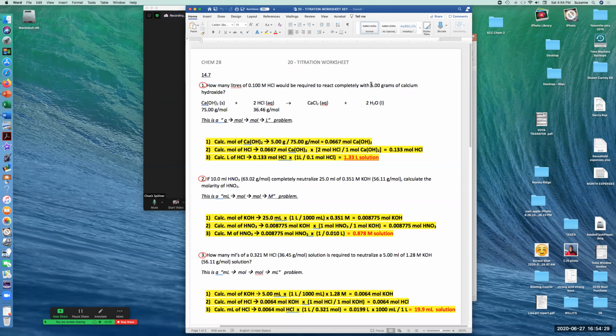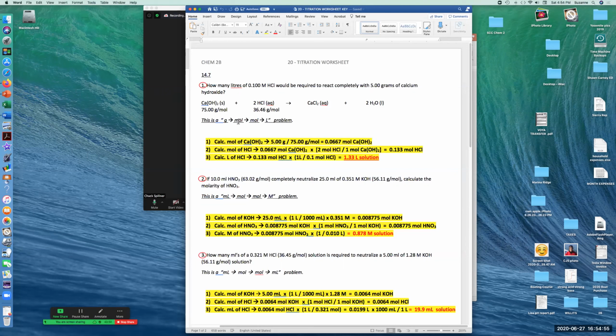And knowing the molar mass of calcium hydroxide, we can calculate the number of moles from this quantity given of 5 grams. And so the strategy then is to go from grams of calcium hydroxide to moles of calcium hydroxide, convert that to moles of HCl, and then figure out how many liters of HCl that equals.